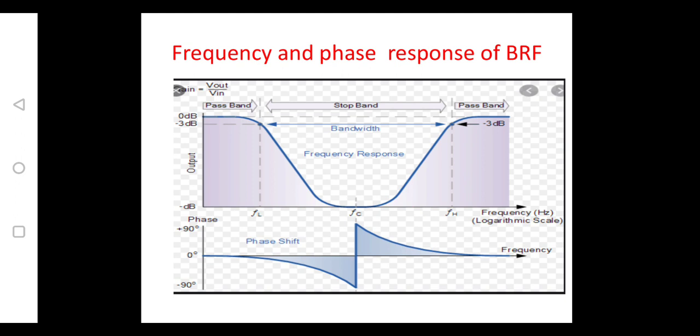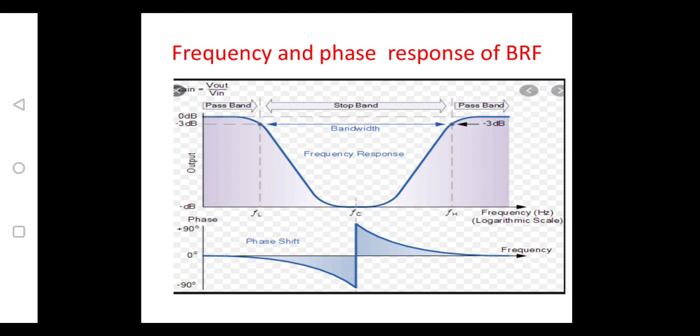We also have one more filter called the all pass filter, in which the name itself indicates it has the capability to pass all the frequency components, but there will be a change in the amplitude of the signal whenever it passes through an all pass filter. So an all pass filter will pass all the frequencies, but the amplitude difference between the frequencies can be calculated using an all pass filter.